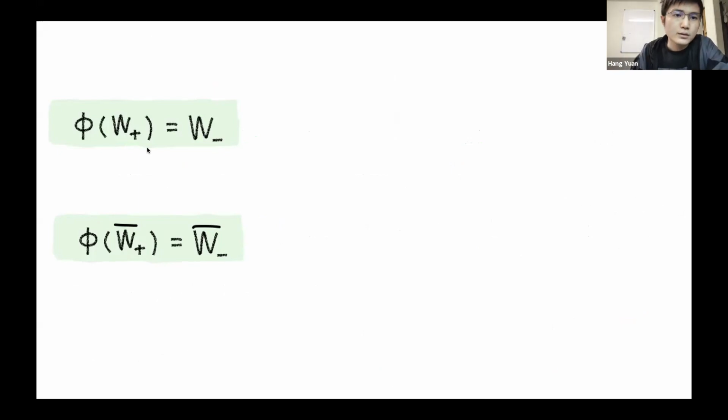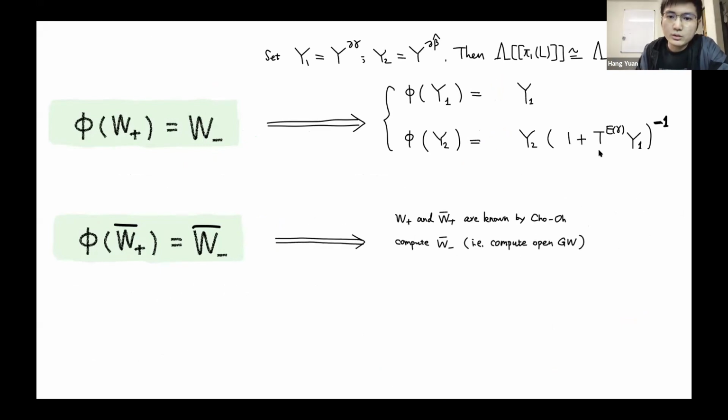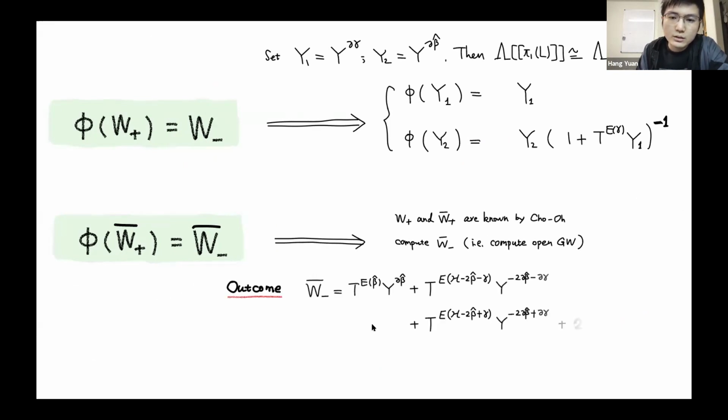And from the first identity, we can explicitly determine the gluing map. It takes this form. And from the second identity, we can compute the superpotentials. I just present the outcome of the computation.